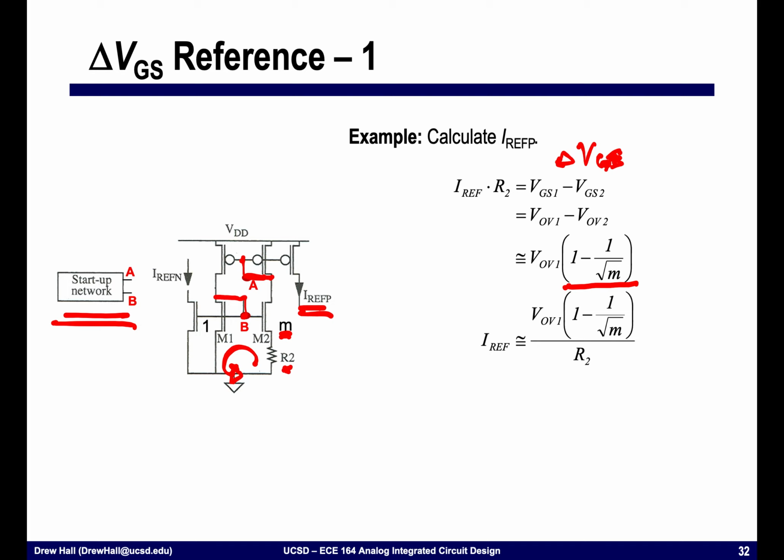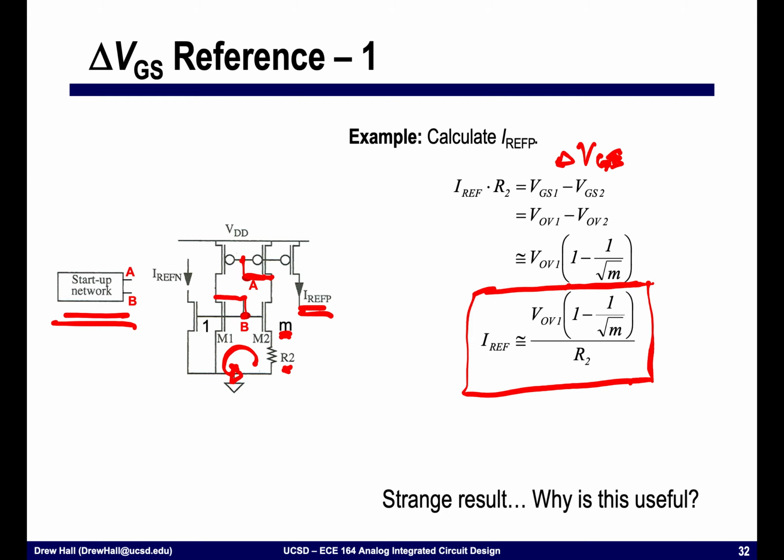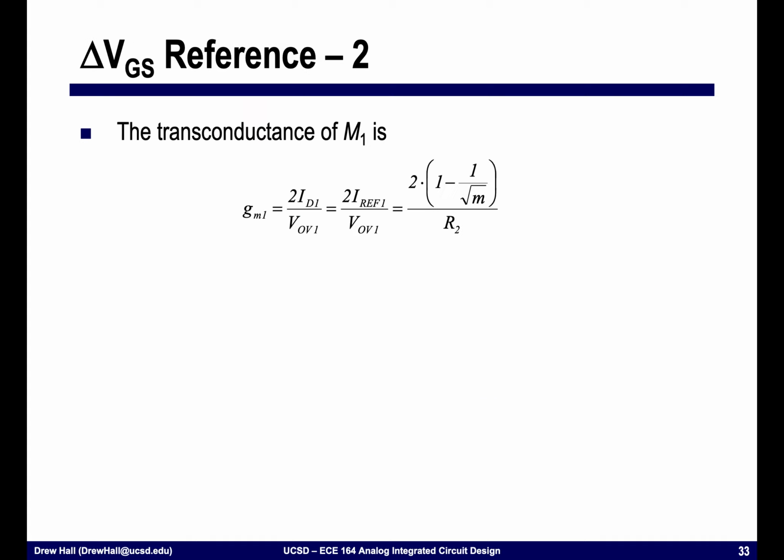And then I end up with this rather interesting result where IREF is equal to VOV1 times 1 minus square root of M, divided by R2. And you might be asking yourself, this seems like a rather strange result. Why would we want this? How is this useful? And it turns out that it's actually a really useful circuit.